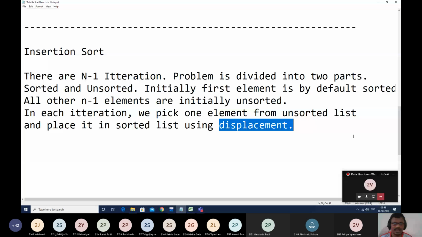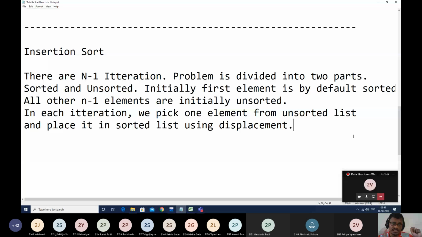What is the philosophy statement, understood, my dear students? What is the philosophy statement here? There are n minus 1 iterations in insertion sort. The problem is divided into two parts, sorted and all the remaining things that are there on the table unsorted. Initially first element, first card is by default sorted. All other n minus 1 elements are initially unsorted.